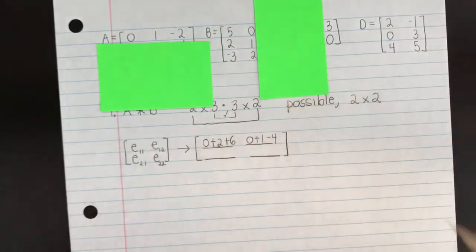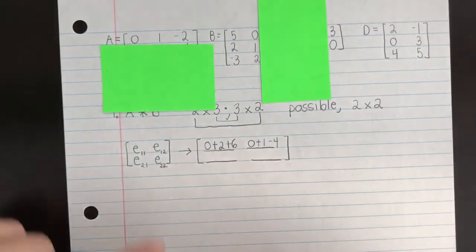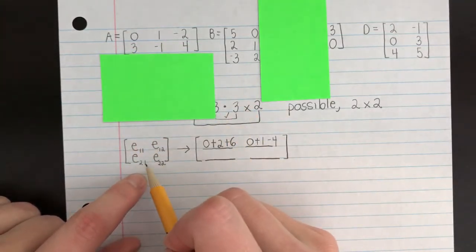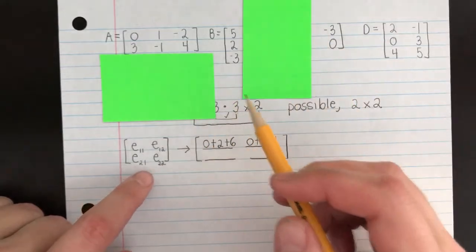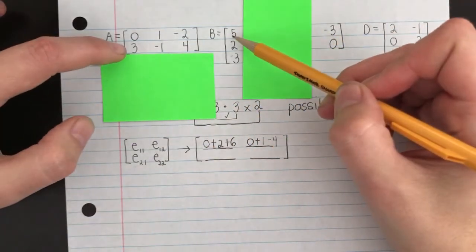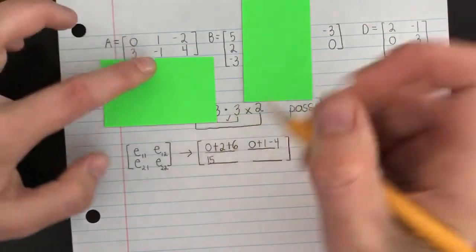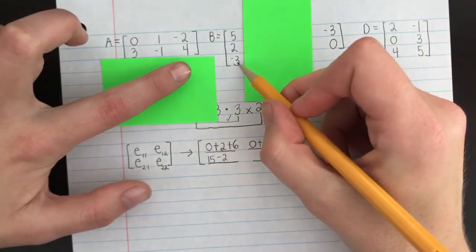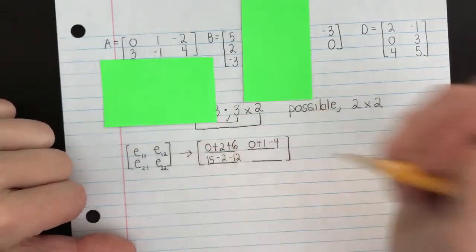Okay, and then I'm going to take row 2 of A times column 1 of B. So 3 times 5, which is 15, negative 1 times 2, which is negative 2, and then 4 times negative 3, which is negative 12.